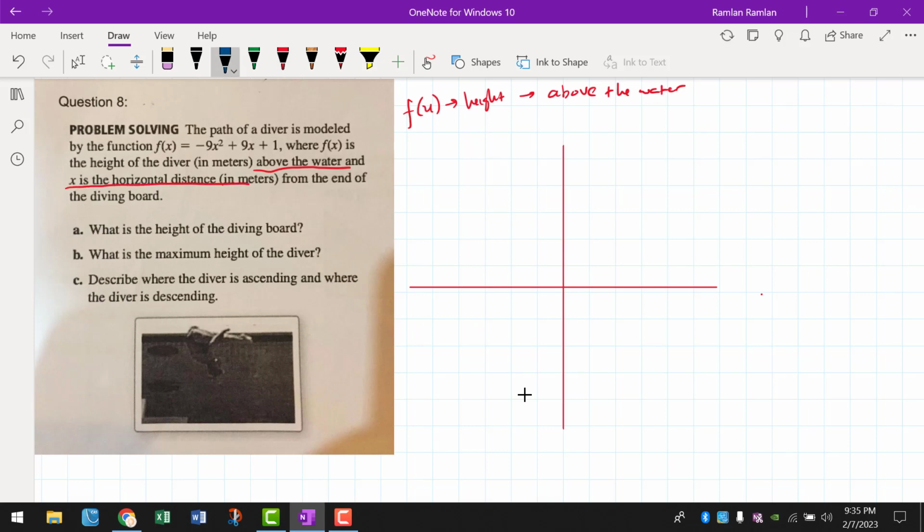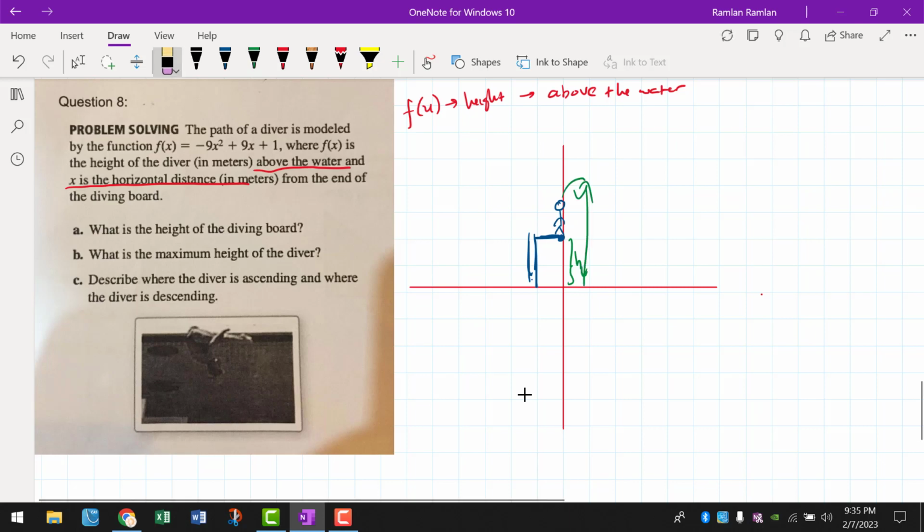So if I illustrate it like this, let's say I have a diver over here, so this is a person here, right? This point here is going to be the end of the board, for example, and the height is going to be from here to here. This is the height, and then maybe if it jumps, this is going to be the height, and so on.